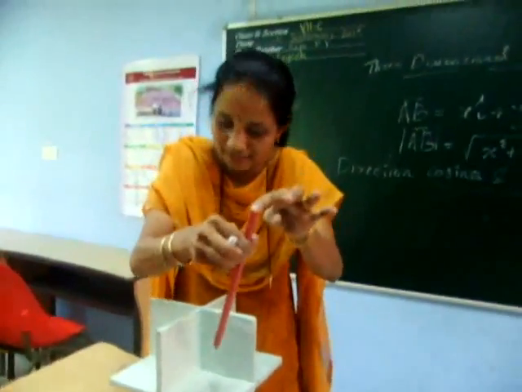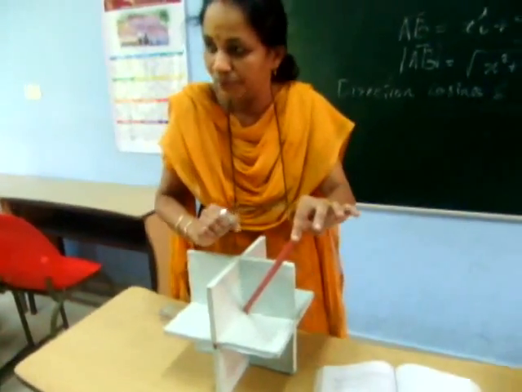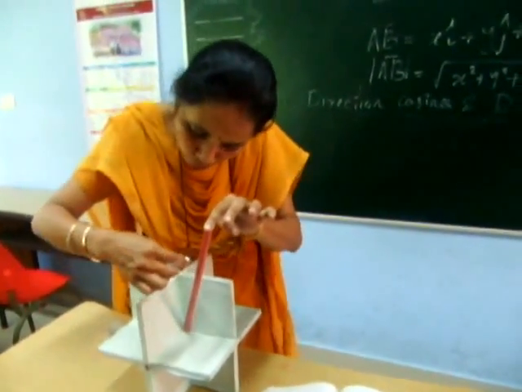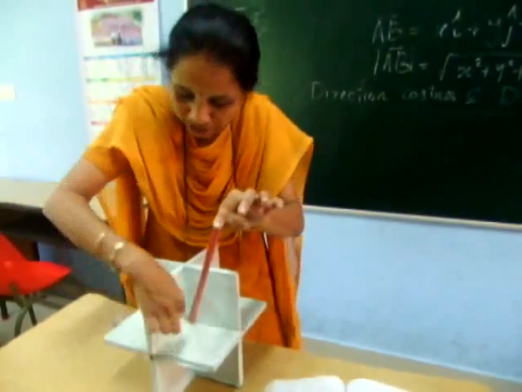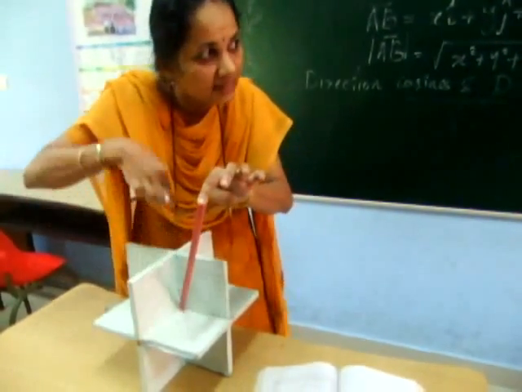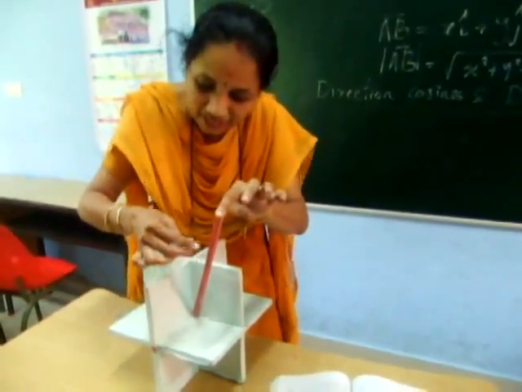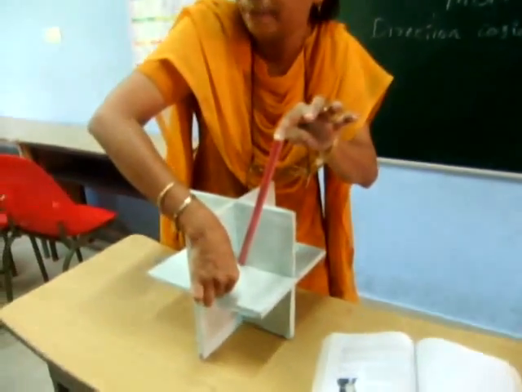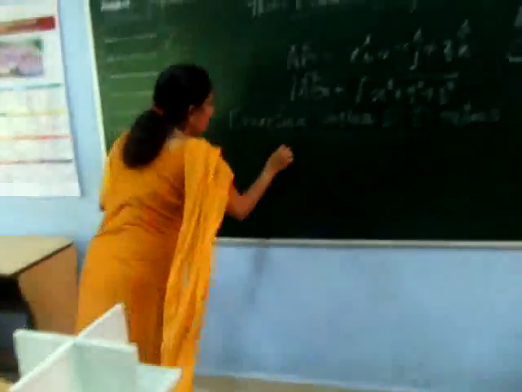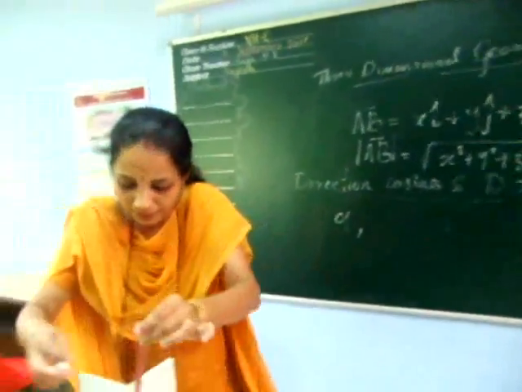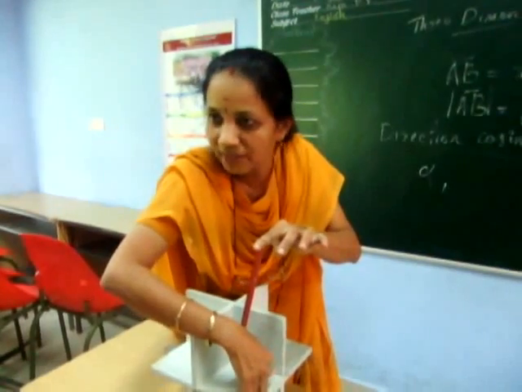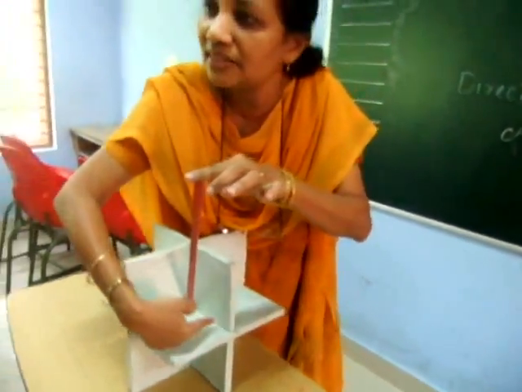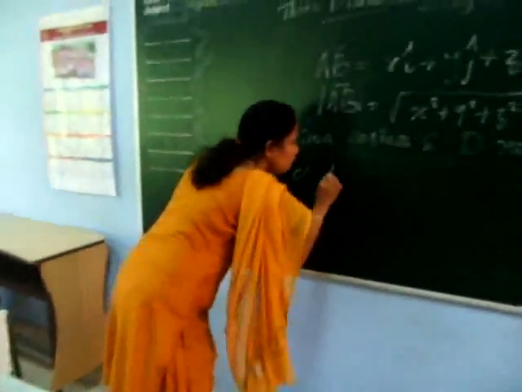And let us consider this straight line passes through the origin like this. Here we can measure the angle between the line and the positive direction of the x-axis. So this is the x-axis, this is the y-axis, this is the z-axis. The angle between the line and the positive direction of the x-axis can be named alpha. Similarly, the angle between the line and the positive direction of the y-axis can be measured and written as beta.